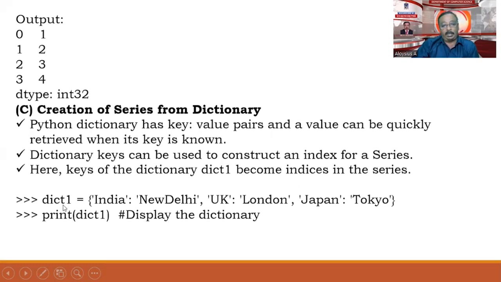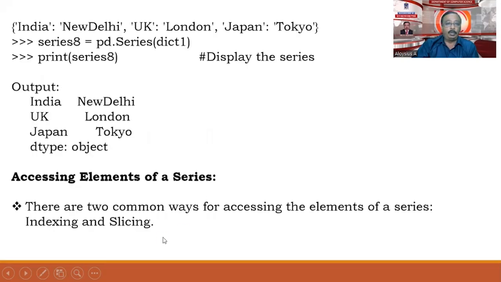So for example, here we have dictionary 1, which contains India, New Delhi, UK, London, Japan, Tokyo, and so on. If you print the dictionary, India is going to be the key, and the capital is the value. For UK, it is London. For Japan, it is Tokyo. So 3 sets of values are going to be displayed.